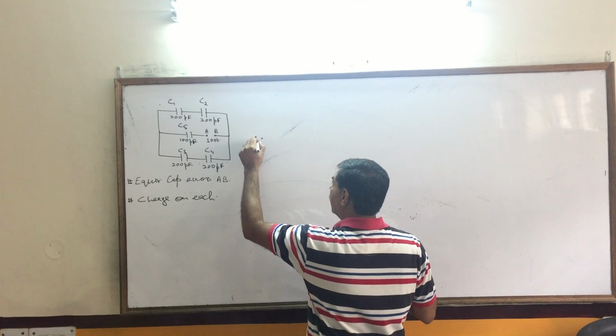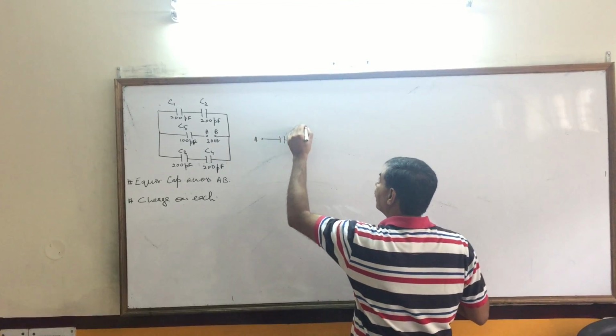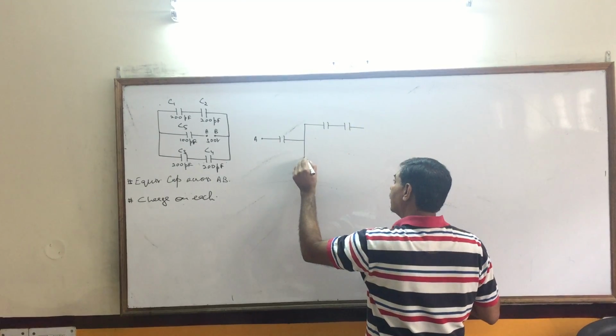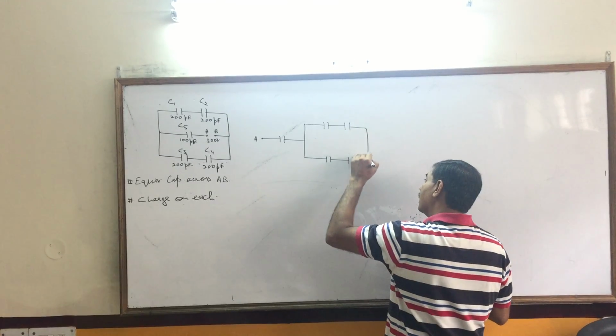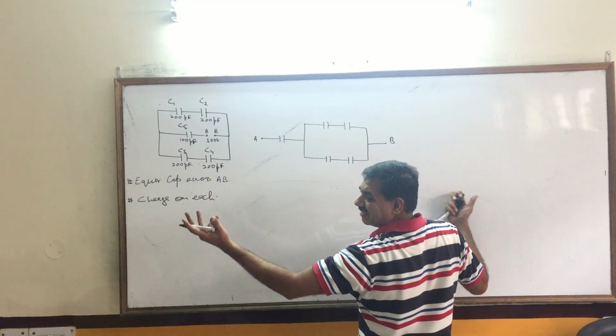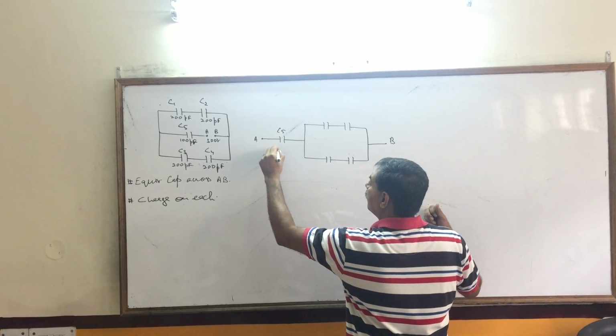This is the point A. This is C5, 100 picofarads.